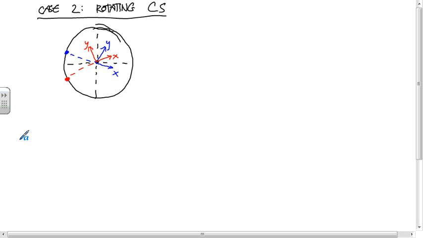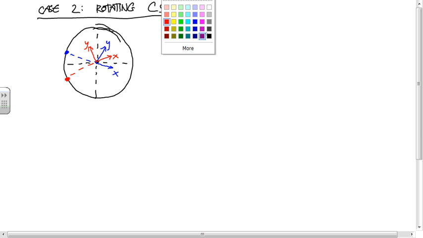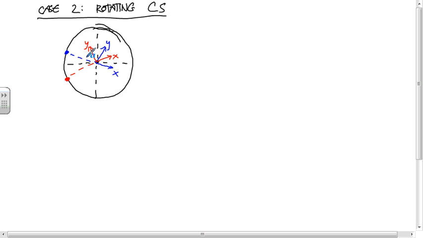Okay. In both cases, you can see, in the blue coordinate system, what's the position 1? So the blue is P1, the red is P2.